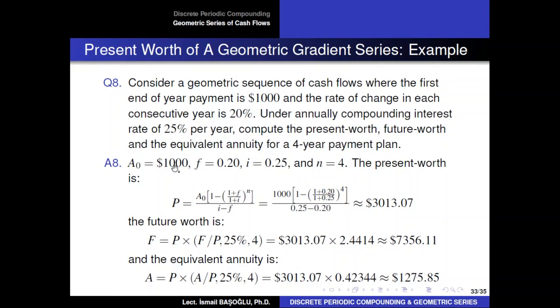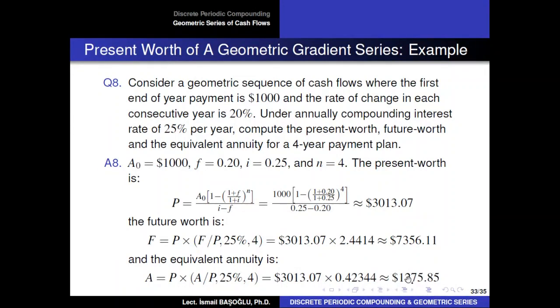Instead of withdrawing 1,000 at the end of the first year, 1,200 at the end of the second year, 1,440 at the end of the third year, and 1,440 times 1.2 at the end of the fourth year, you can withdraw $1,205 at the end of every year for 4 years.